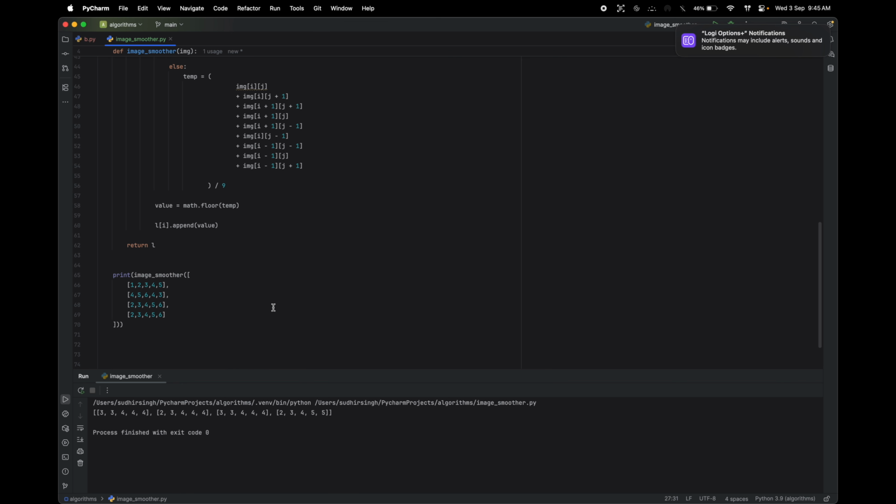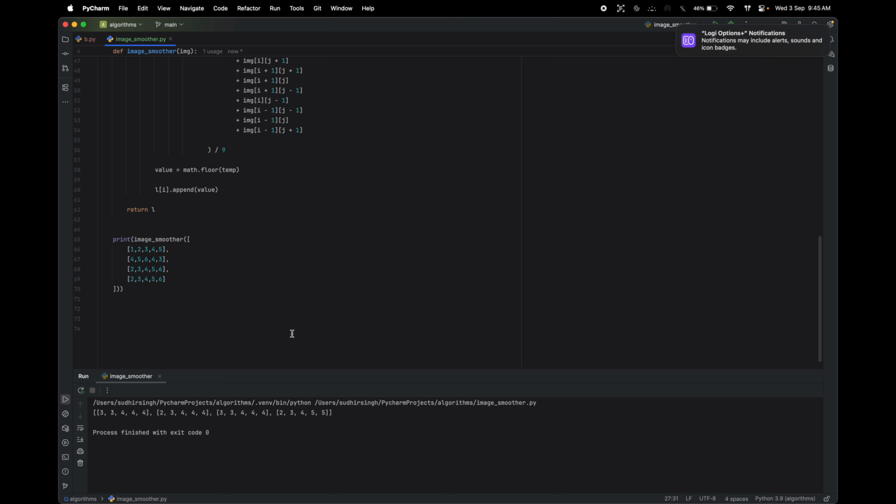I think this one is working. Let's see. 3 3 4 4 4. Average of this would be 5 plus 4, 12. 12 divided by 4 is 3. Yeah, correct only. Let's see.